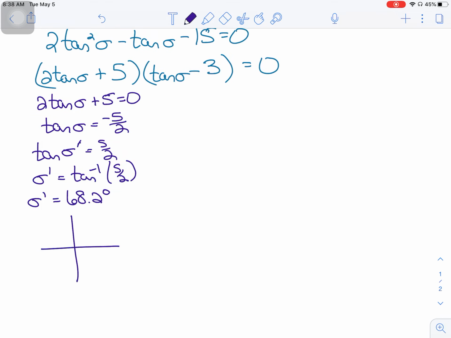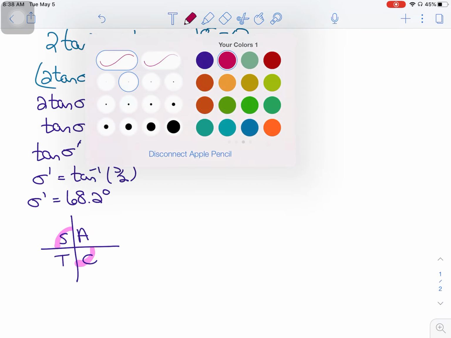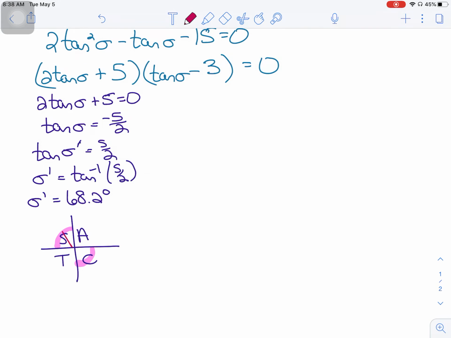All right, ASTC. Where is tangent negative? Tangent is negative in quadrants 2 and quadrant 4. So I'm looking for 180 minus 68.2 degrees. So this is going to be 111.8.